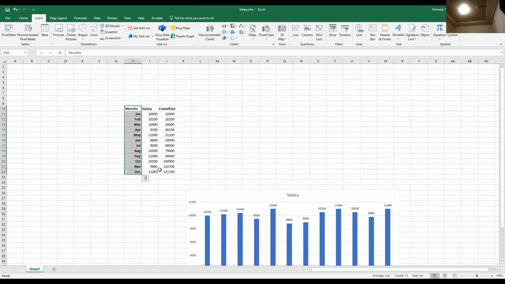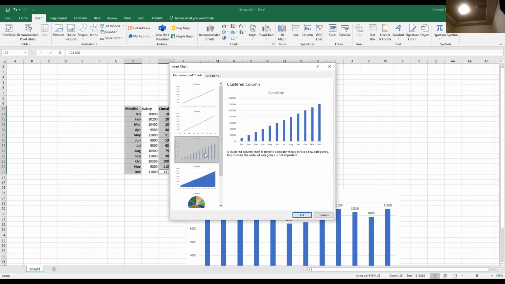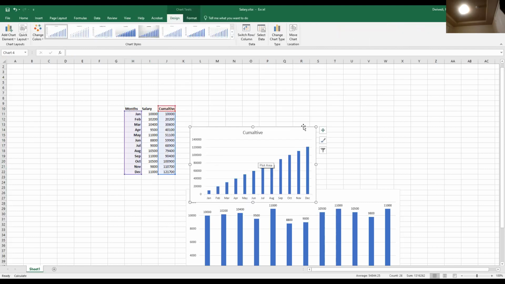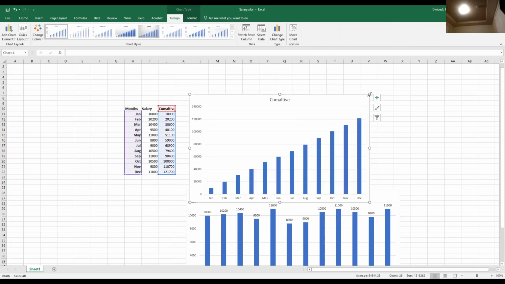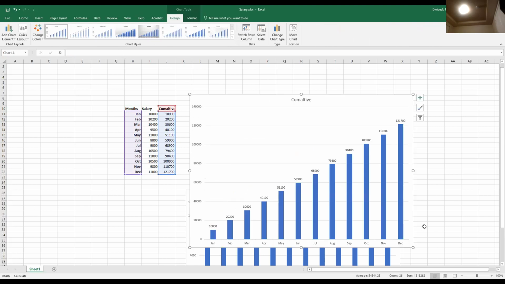So this is the cumulative one. Now it solves our problem, a big problem. Let's analyze this. This is always increasing, and the last month is the total of the entire year.